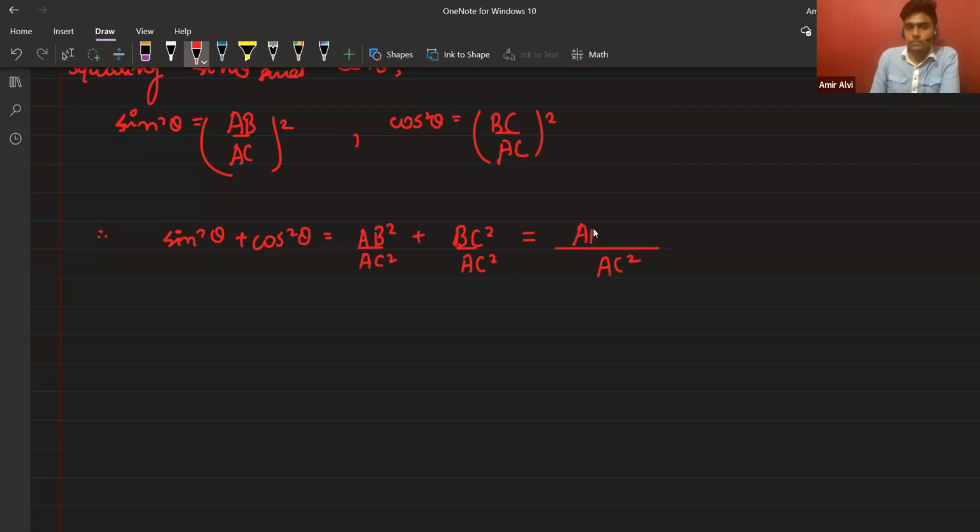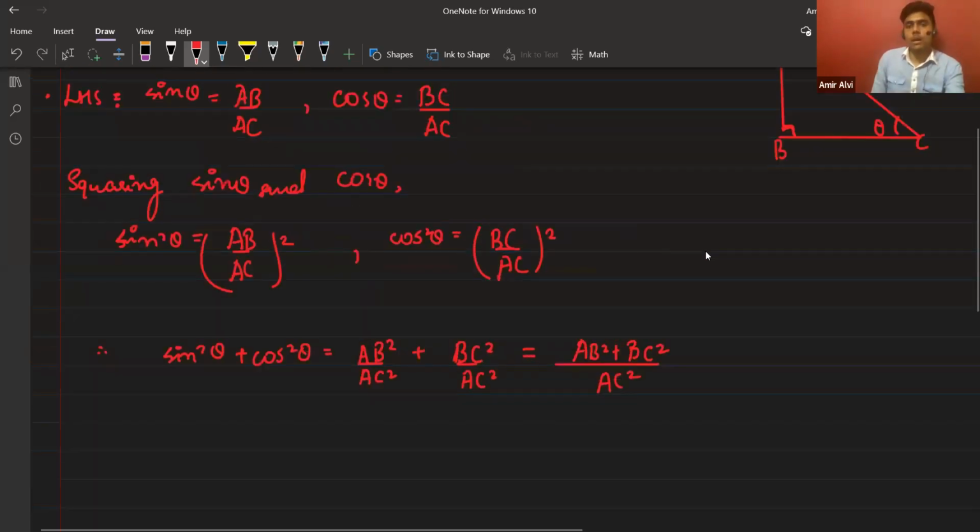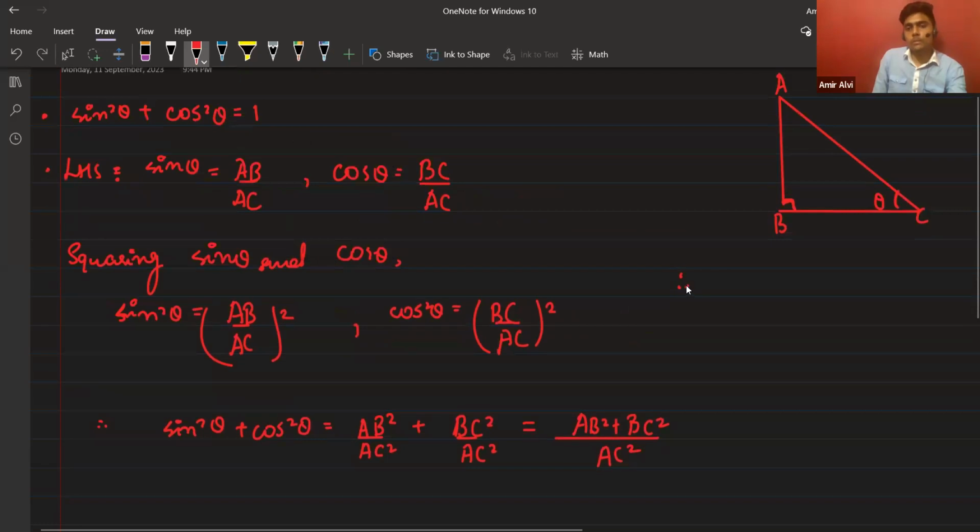So AB square plus BC square upon AC square. As per the Pythagoras theorem, AC square is equal to AB square plus BC square.